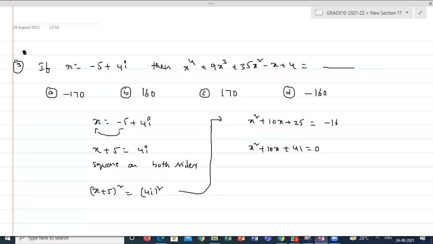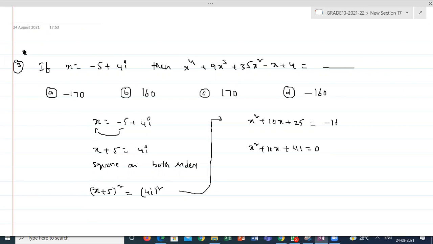So after this, how we will proceed? x square plus 10x plus 41. Sir, is it like long division? We can divide this equation with the equation given in the question. How?